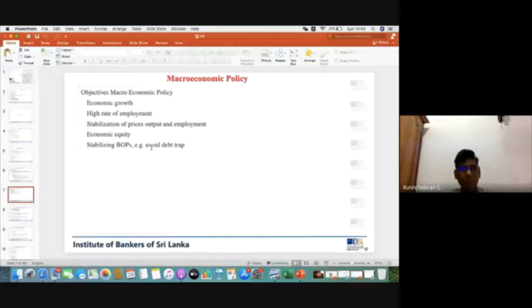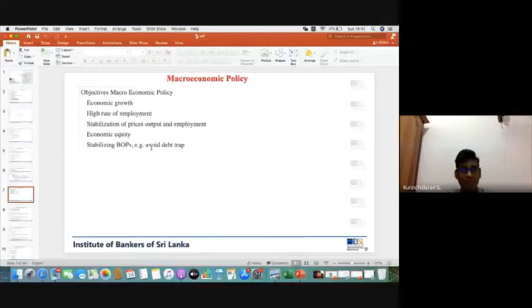What is the objective of microeconomic policy? It can be economic growth, like if you want to improve the economic growth, you can have different microeconomic policies. Or your objective may be high rate of employment, or stabilization of price, output, and employment, or economic equity, or stabilization of balance of payment.